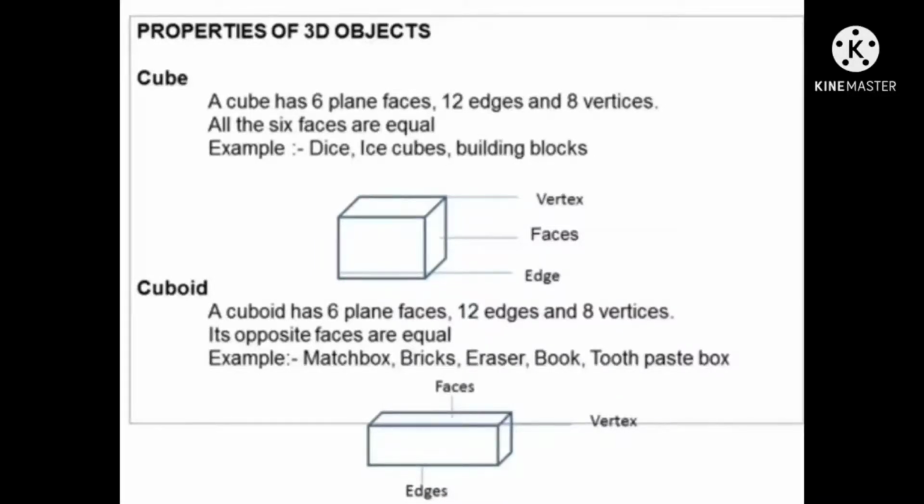Its opposite faces are equal. Why? Because the basic shape we have is a rectangle, so only opposite faces are equal. For example, matchbox, bricks, eraser, book, toothpaste box, shoe box. Everything we have is a cuboid.